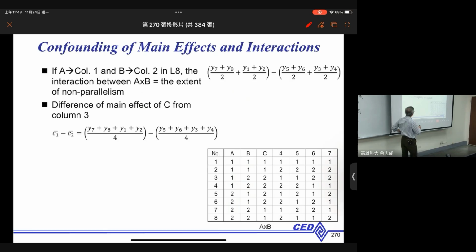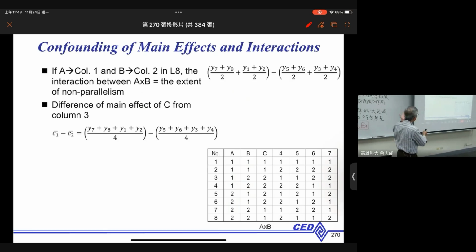Let's go back to the interaction. From our last page, we assign A to column 1 and B to column 2, and we conclude that the interaction, the difference between these two lines, can be estimated using this equation, right?